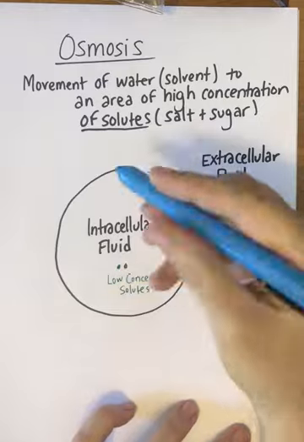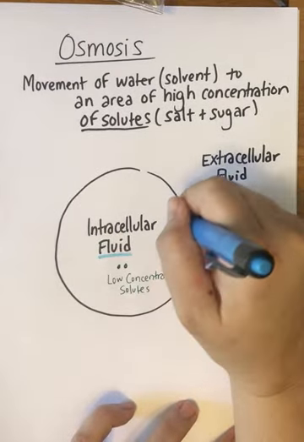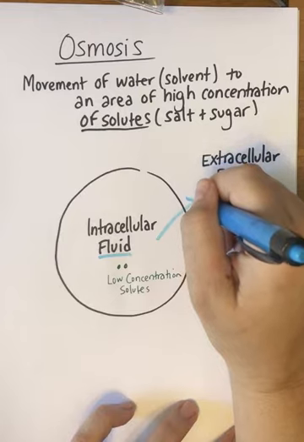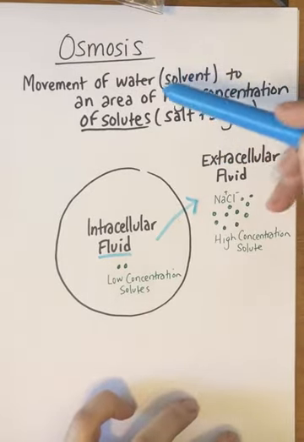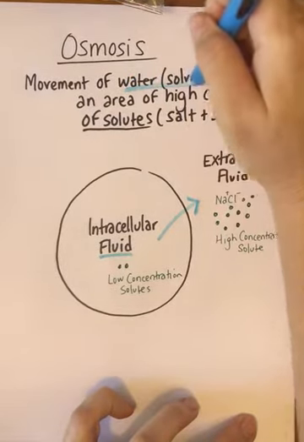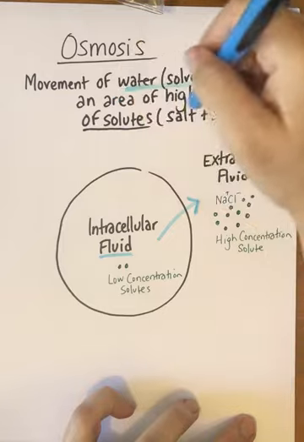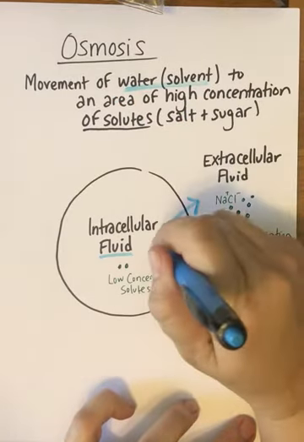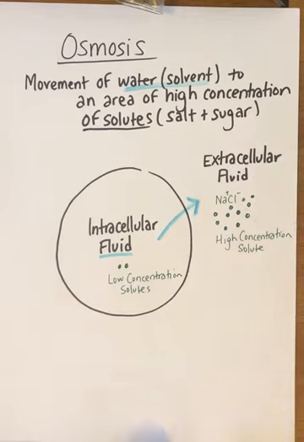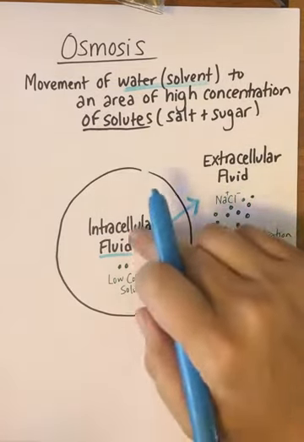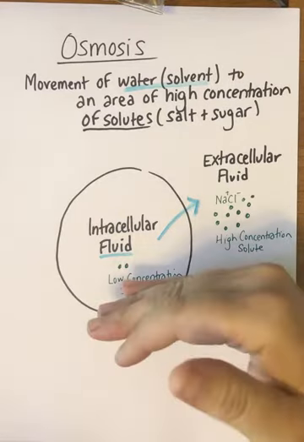Water is H2O, so we have fluid on the inside, and water in this situation would be moving out. Water is the universal solvent, so it is always going to move to an area of high concentration of solutes. So water wants to go to the area where you have more solutes. Now you could reverse the situation, where you have more solutes in the intracellular fluid and water would come in.